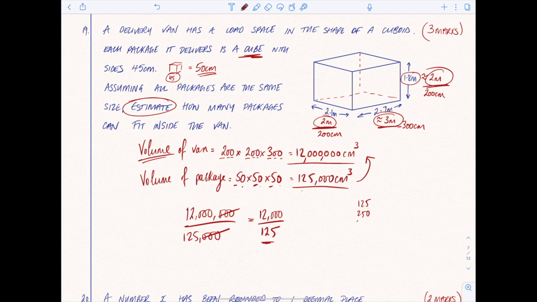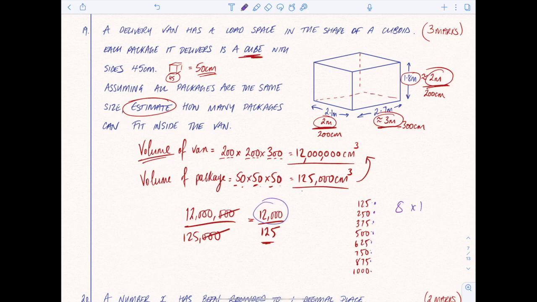So that would be 375, and then 500, 625, 750, 875, and then 1,000. So for me to go from 125 to 1,000, what I've done is I've gone 1, 2, 3, 4, 5, 6, 7, 8. So 125 goes into 1,000 8 times, and I need to get it to 12,000.